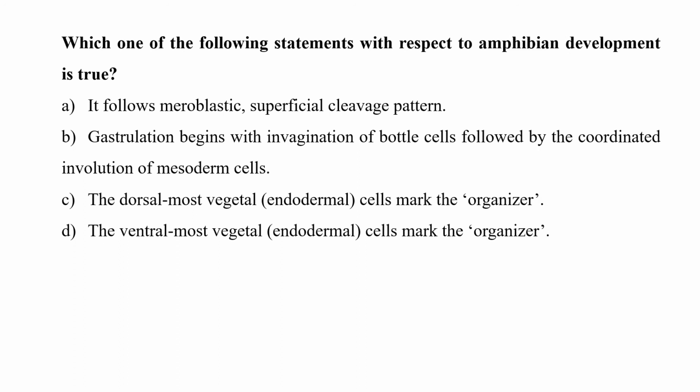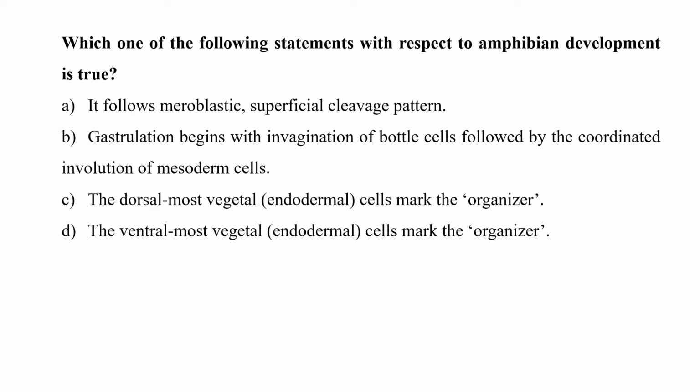This is our next question. Which one of the following statements with respect to amphibian development is true? So let's have a look at the statements. The first statement says that it follows a meroblastic superficial cleavage pattern. But in amphibians, the cleavage is holoblastic radial. So this particular option is incorrect.